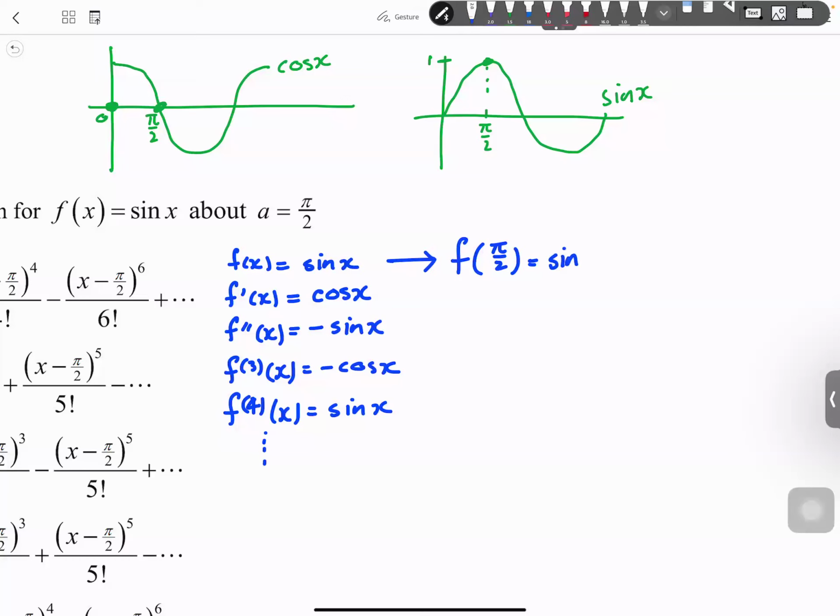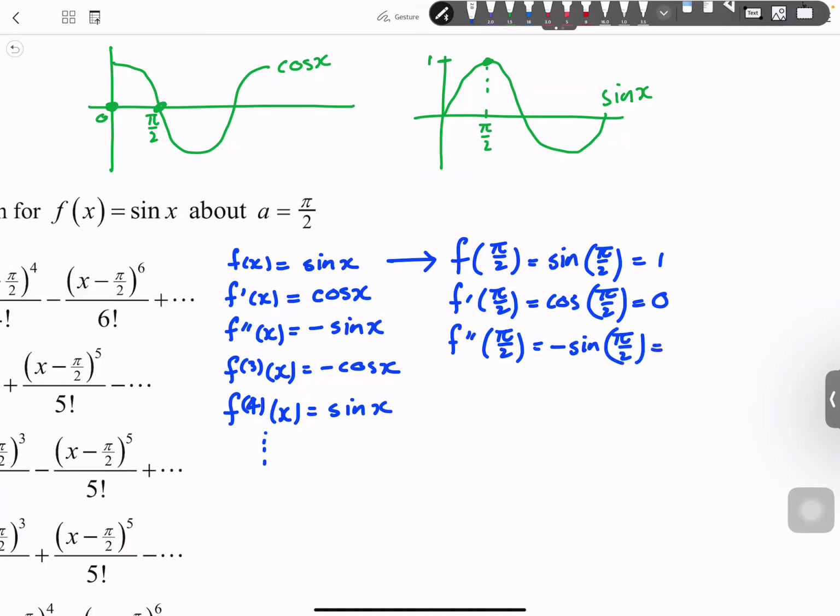All right, so I'm going to have sine of pi over 2, cosine of pi over 2 we said was equal to 0. Sine was equal to 1. Second derivative, pi over 2. So that would be negative sine of pi over 2, which is, again, sine of pi over 2 is 1, so this will be negative 1.